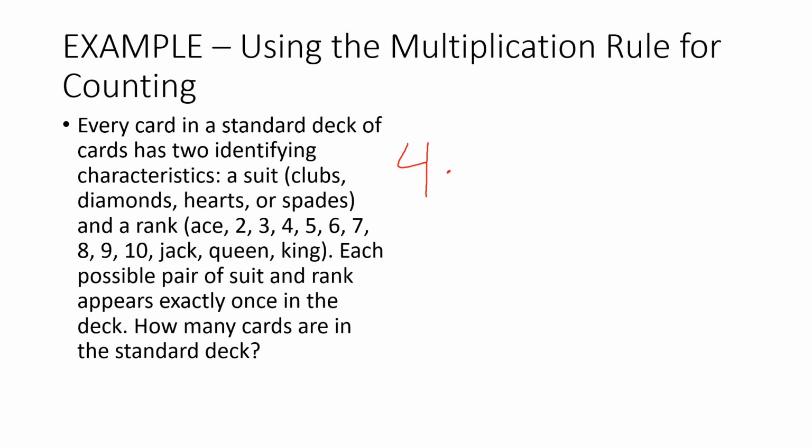And as far as rank goes, we got 1, 2, 3, 4, 5, 6, 7, 8, 9, 10, 11, 12, 13. So you have 13 possible ranks, and that means a standard deck of cards should have 52 cards, which, as we know, is true. But that's where that fundamental counting principle comes into play. We had the 4 choices for the suit, 13 choices for the rank, multiply them together, and we end up with 52.